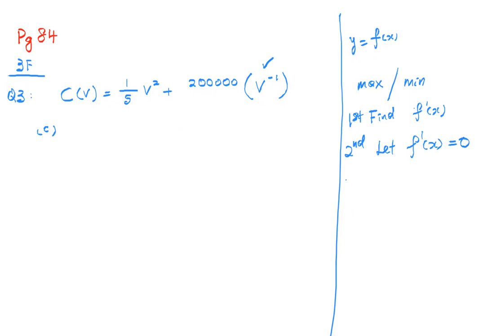Third, from here you can find your x, that makes y equal to f(x) maximum or minimum. So can you do this question by yourself? I give you 1 minute. Then I will write down the answer.